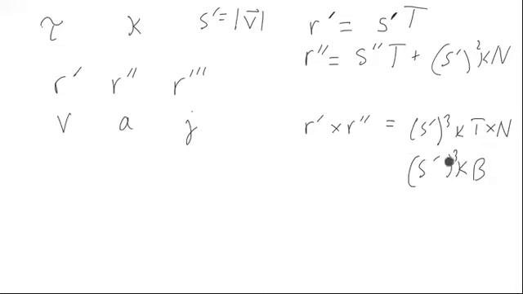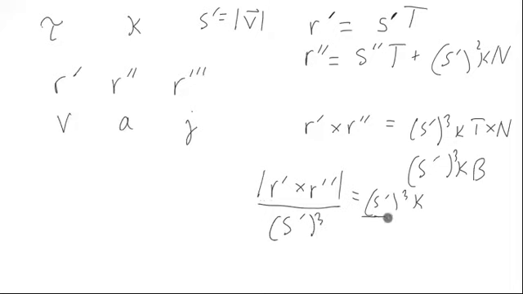Which is great. So if we wanted to find kappa, what if we were to take the absolute value, the length of this vector? Then the length of b is just 1. So really the length here is just equal to s prime cubed kappa. And then if we were to divide this by s prime cubed, then you'd actually get kappa.